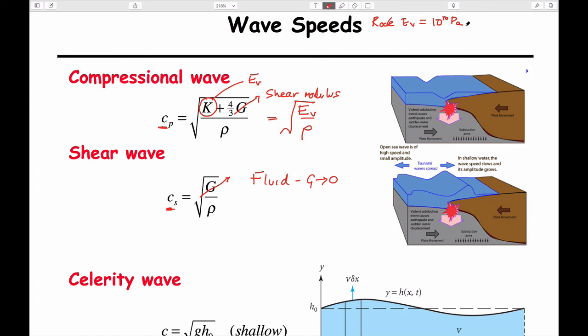And the density of rocks is something of the order of 2,700 kilograms per meter cubed. So if you make the ratio of those, I'm just going to make it 2 times 10 to the 10, divided by 2 times 10 to the 3, just because I like things to be easy.